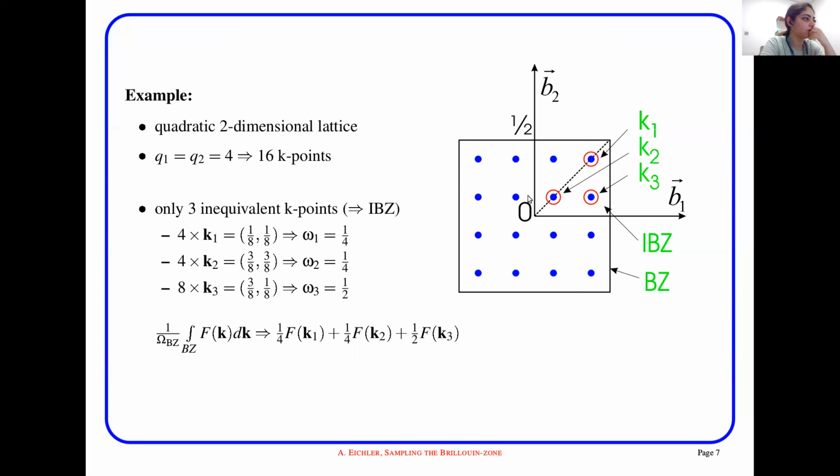And yes, there is a lot of symmetry, because this key point is the same as this one, and this one as that one, and so on. So you already reduce it to this part.